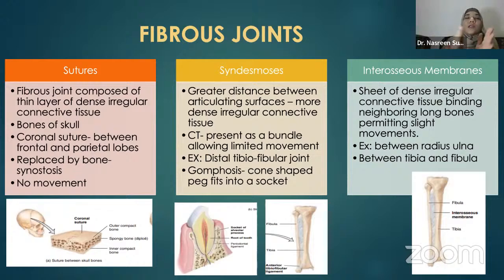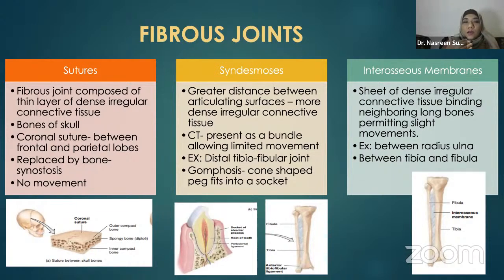Coming to the sutures. Sutures are the fibrous joints composed of a very thin layer of dense irregular connective tissue. An example of a suture is the bones of the skull.